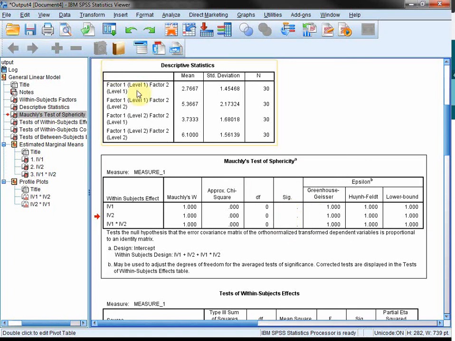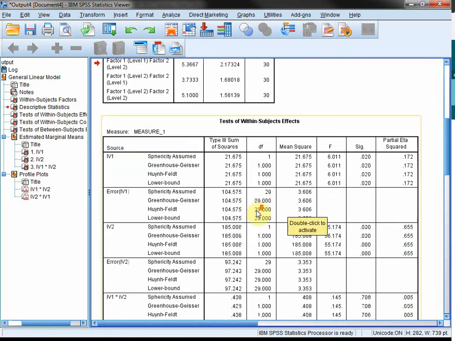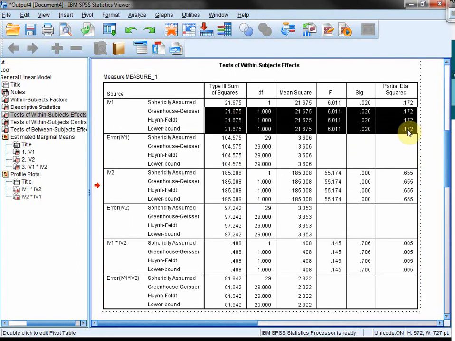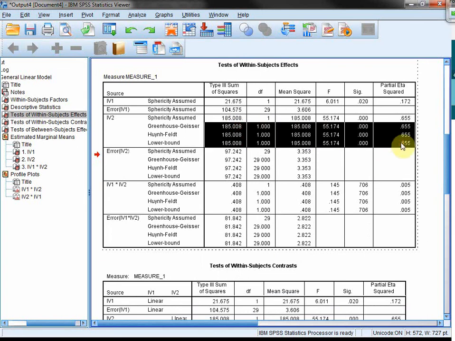If there were more than 2 levels, we would need to check whether sphericity has been violated. If it has, we would need to do some corrections here. So these scores are for when sphericity is violated, but it isn't in this case because we only have 2 levels, so we can delete all of those sphericity corrections and just leave the sphericity assumed row.